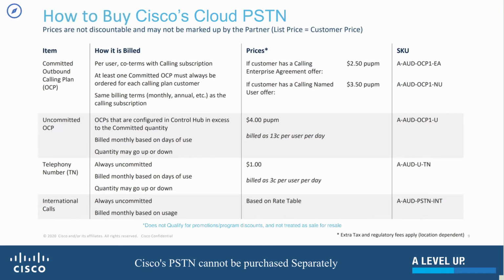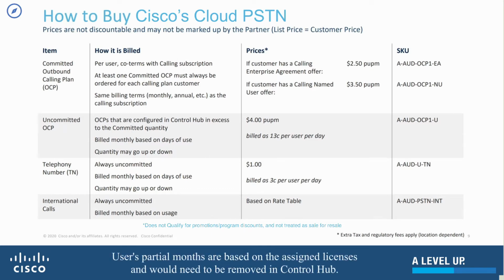Now, if somebody's doing like an A work plan where they can scale up, scale down on a daily basis, and they're doing uncommitted users for that, then they can also do uncommitted users for the actual calling plan as well. So if they have a person that's only working half the month, they don't get charged for the complete month. They would only get charged for half the month. So that would be that $2 per user per month for that uncommitted portion of the plan for that uncommitted user.